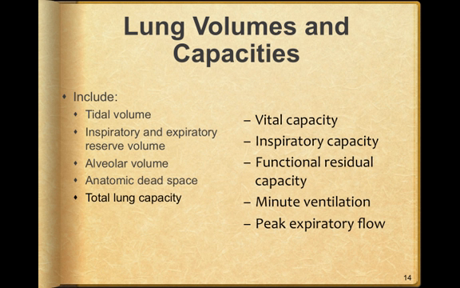Lung volume capacities, and this is a brief overview. We're going to talk about it on the next page because I have a nice graphic. They include tidal volume, which is figured off of ideal body weight, 5 to 7 milliliters per kilogram of ideal body weight. Inspiratory and expiratory reserve volumes: a reserve would be the maximum amount that we can inhale after a normal breath, and the maximum amount that we can exhale after a normal breath.